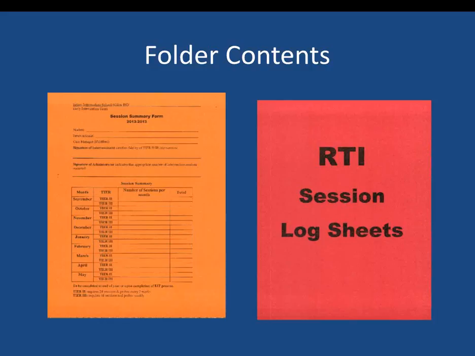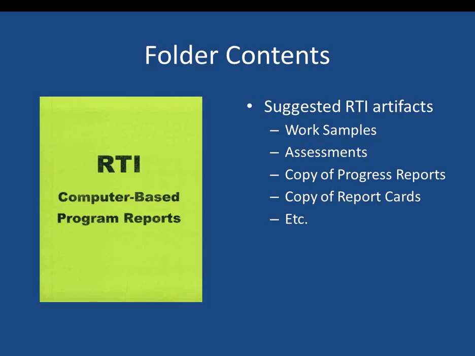The next form and documentation is a green form, and it talks about the computer-based programs that you have used, reports that you may have printed. All of that needs to follow behind this green computer-based program report, once you have all of your reports from Think Through Math, Fractionation, Fast Math, or the Easy CBM.